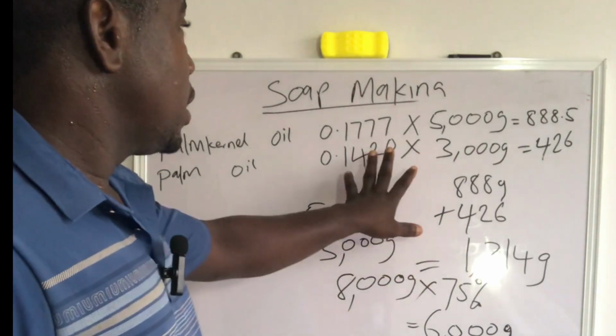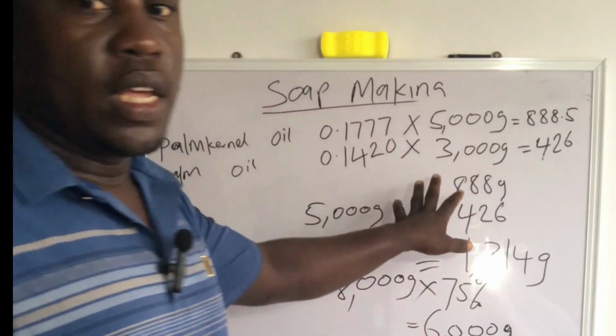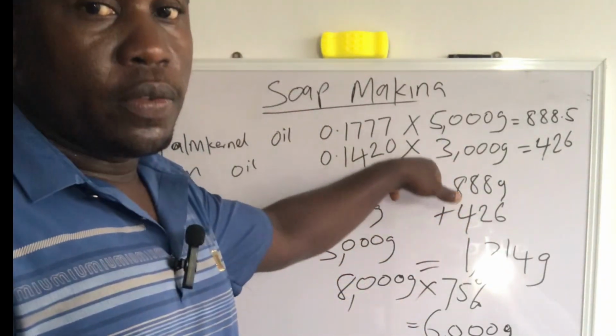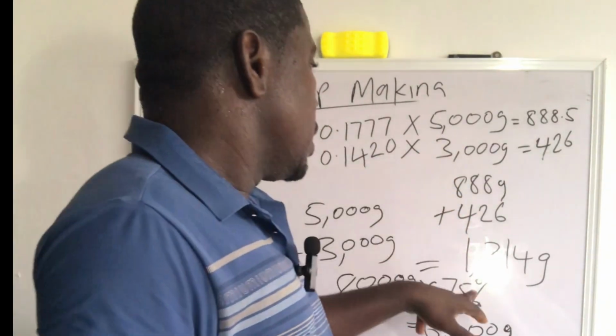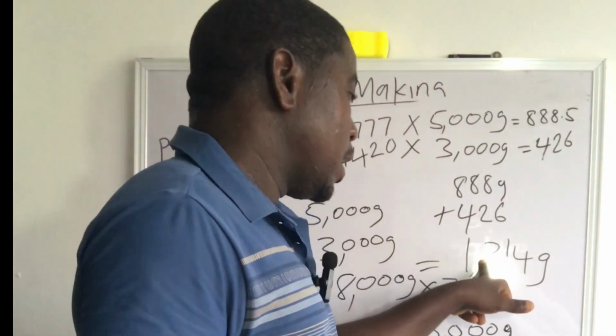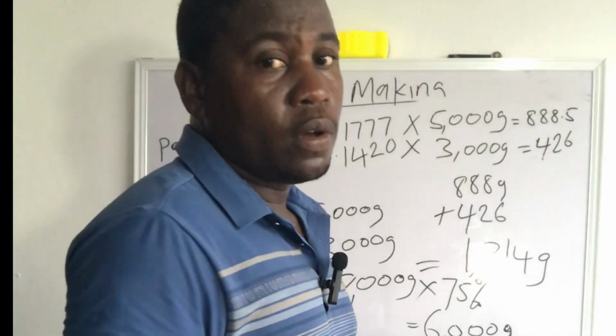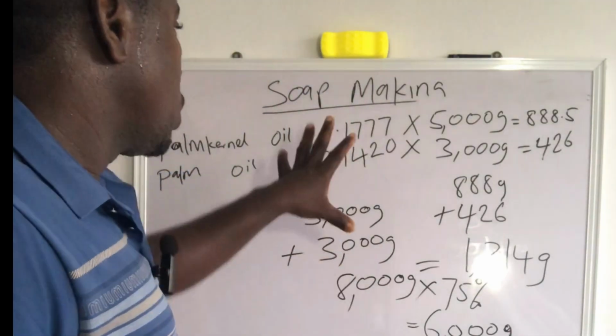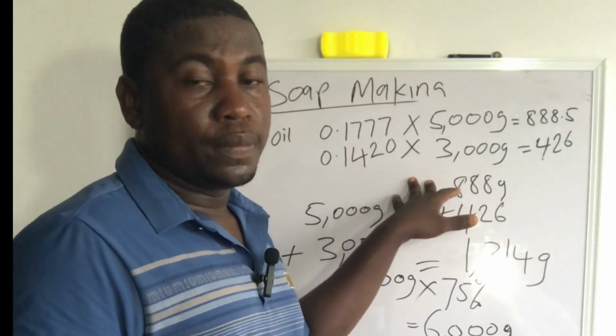So what we have here is 8,000 grams of oil, 1,314 grams of caustic soda, and 6,000 grams of water. That's what we need for this production.